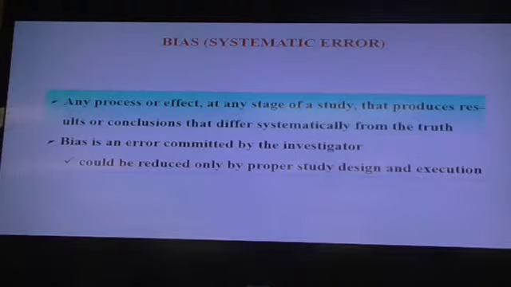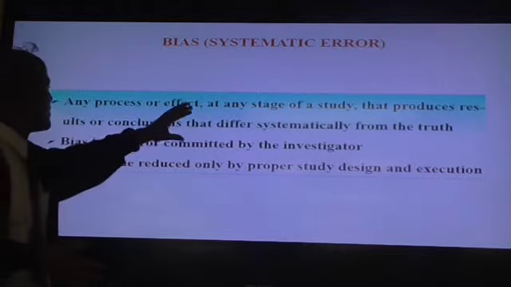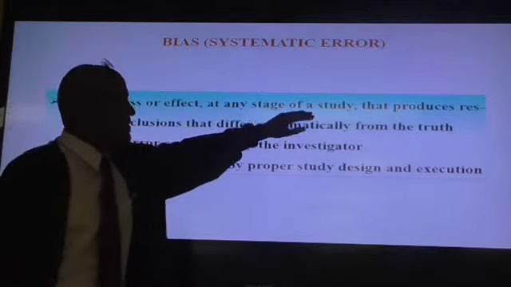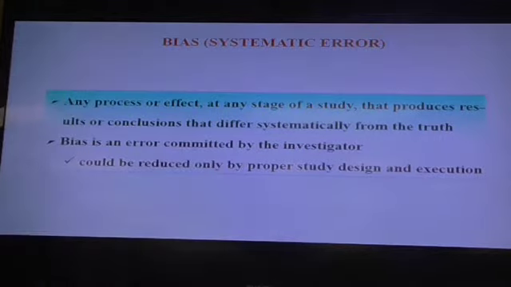It can be during study design, during the conduct of the study, or during reporting. So any process at any stage of a study that produces results that are systematically different from the truth is what we call a bias.